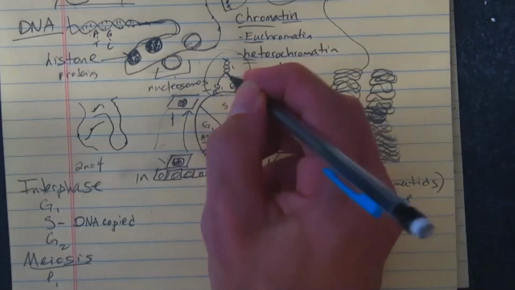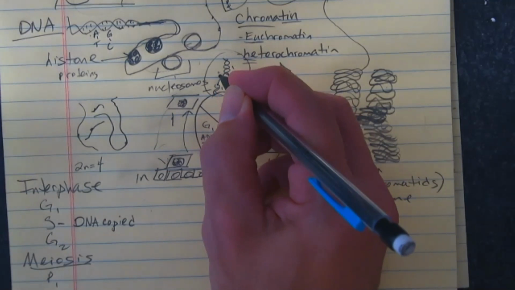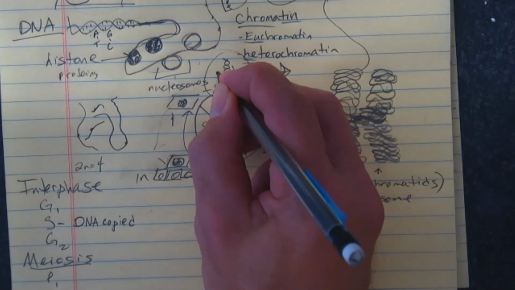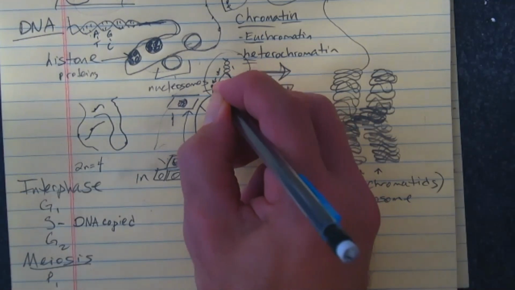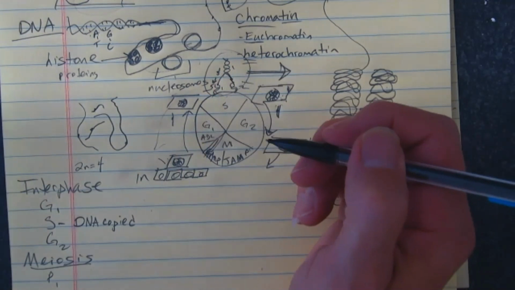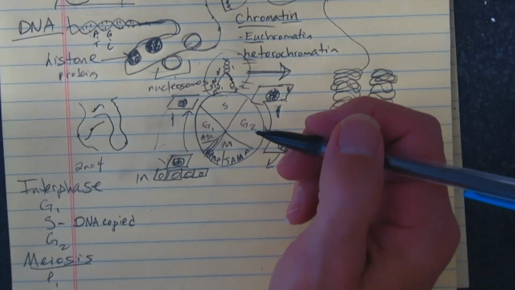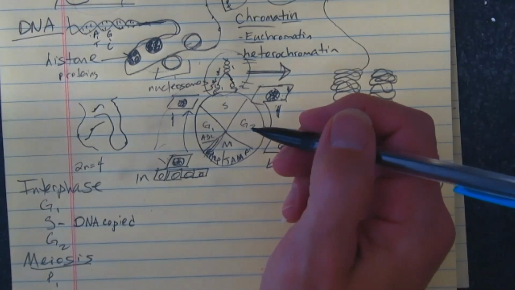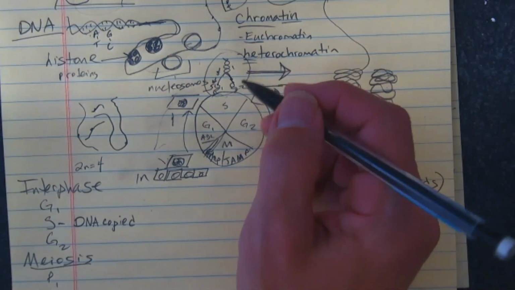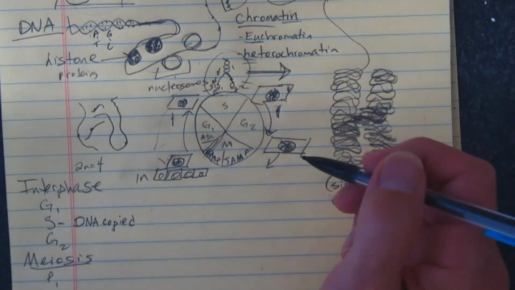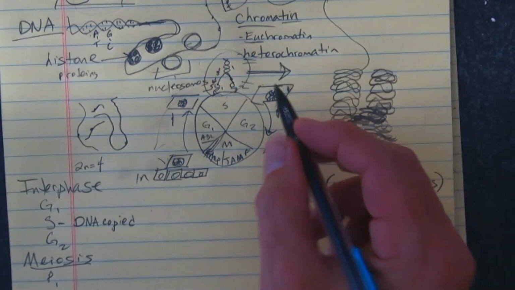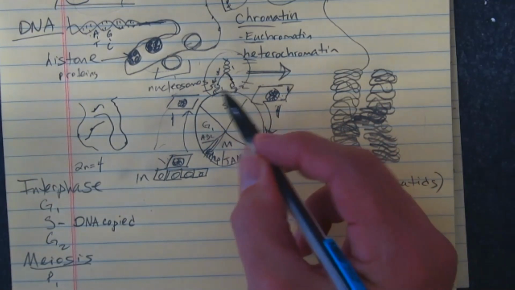We learned about the direction. It's read in a 3' to 5' direction, while synthesized in a 5' to 3' direction. So those are important details, but none that I'm going to draw here. We can practice that specific drawing later.